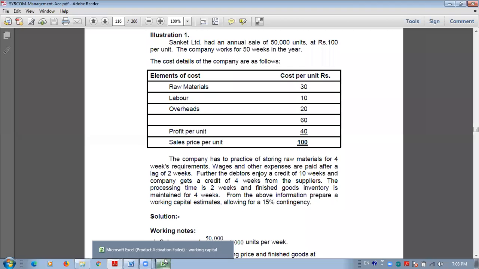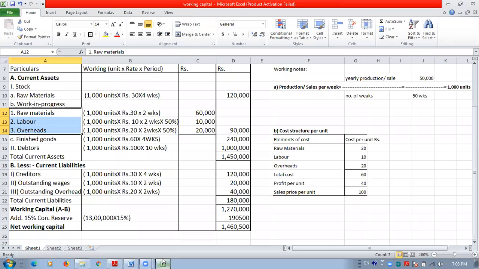What is this 15% contingencies? After calculating all the total current assets, and then considering all the total current liabilities, we will arrive here, right? We will get a working capital. How? Deduct the total current liabilities from total current assets, and we will get this working capital.